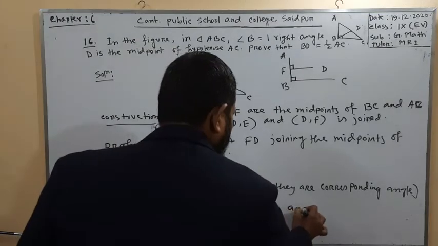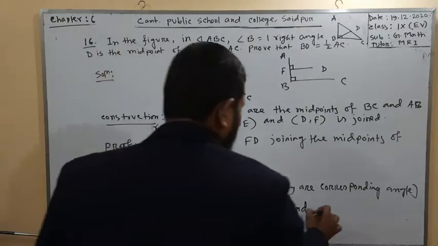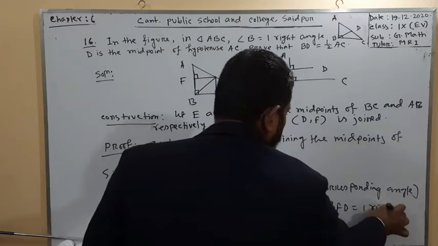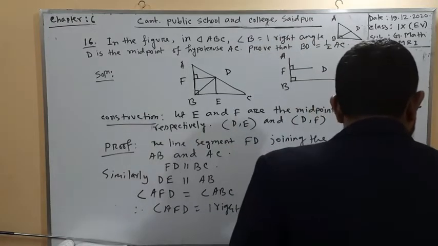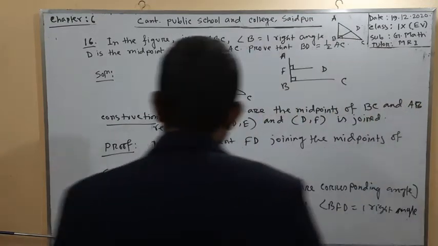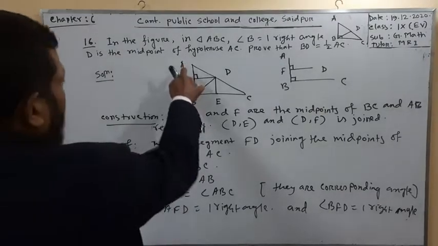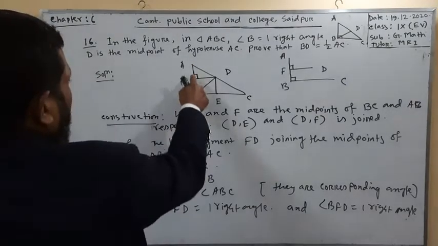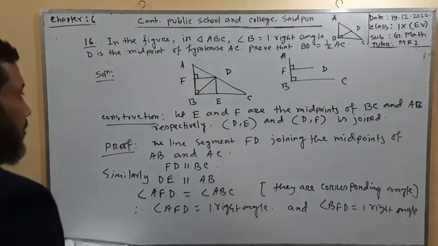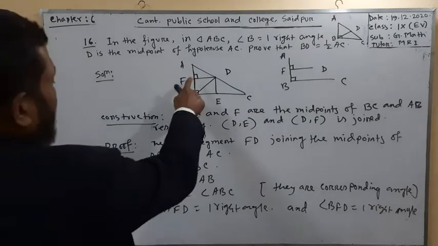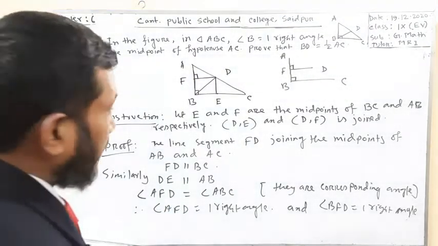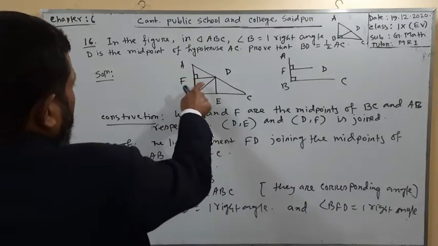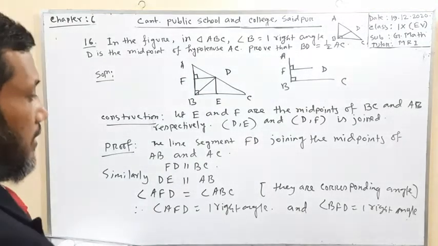And angle BFD is also one right angle. Between the two triangles AFD and BFD, we can tell easily AF is equal to BF because F is the midpoint of AB, and FD is the common side of these two triangles, and angle AFD is equal to BFD because they are right angles.